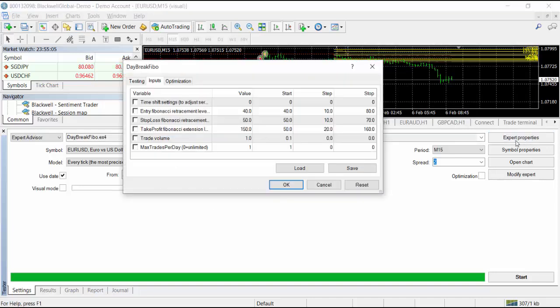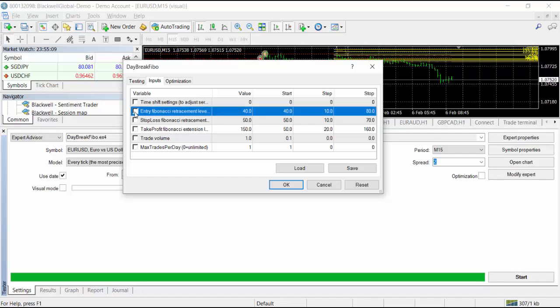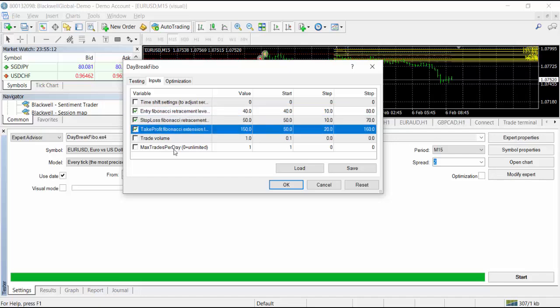Just to give you an idea of how I arrived at this analysis, I clicked the little tick boxes on the left for entry Fibonacci retracement, stop loss, and take profit, because that immediately voids the value column on the left, and it activates the three columns on the right: start, step, and stop. That's really important.